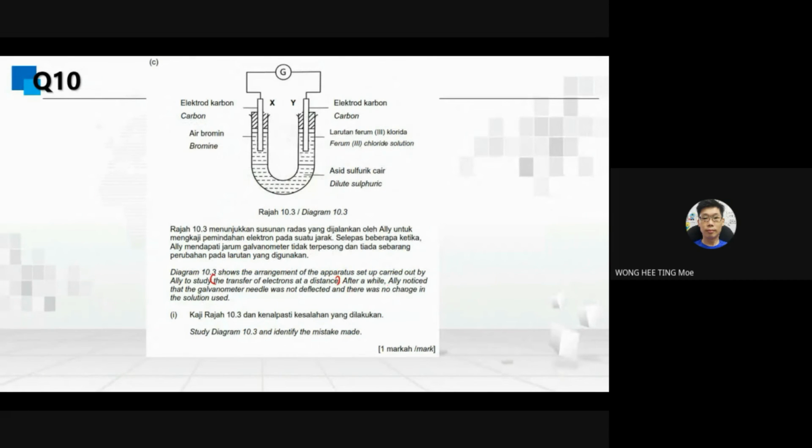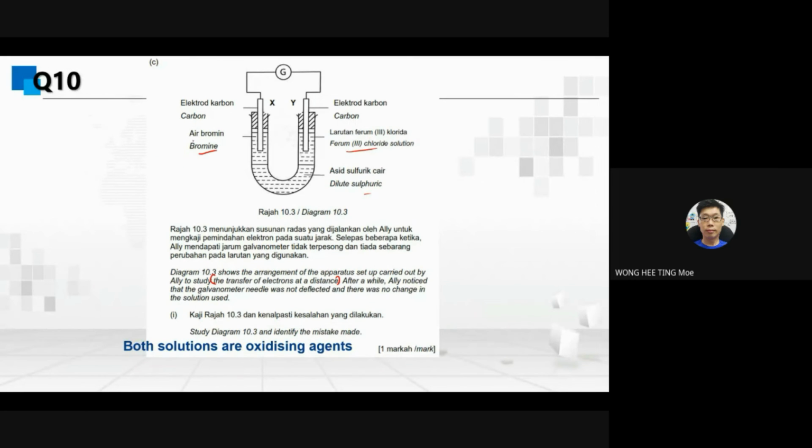After a while, Eddie noticed that the carbon was not changing and there was no change in the solution. Here he used bromine and iron(III) chloride in sulfuric acid. So identify the mistake made. What is the mistake, class? Both of these are oxidizing agents. Correct. Both solutions are oxidizing agents, meaning they will undergo reduction.